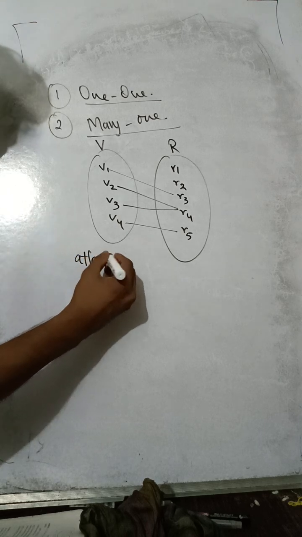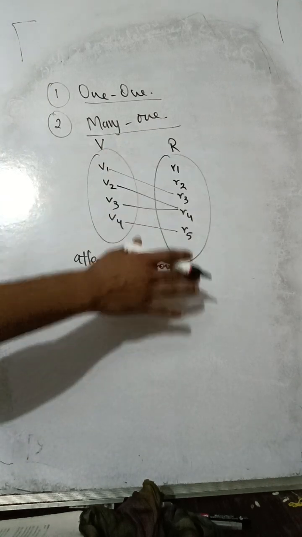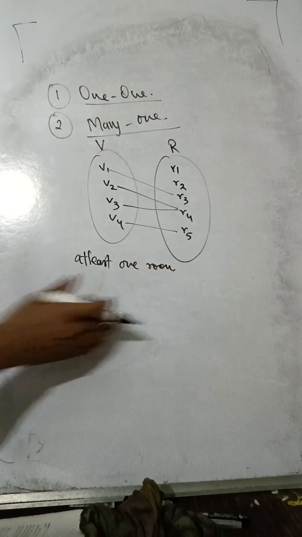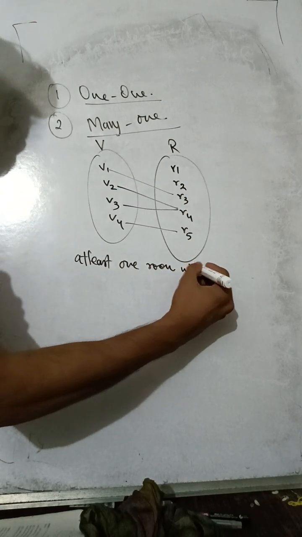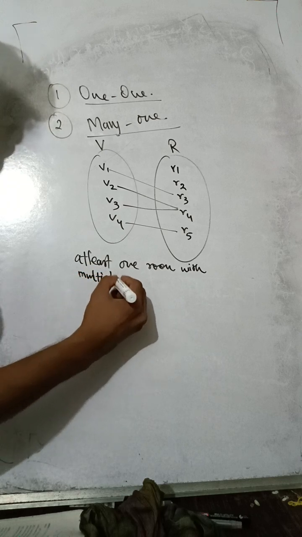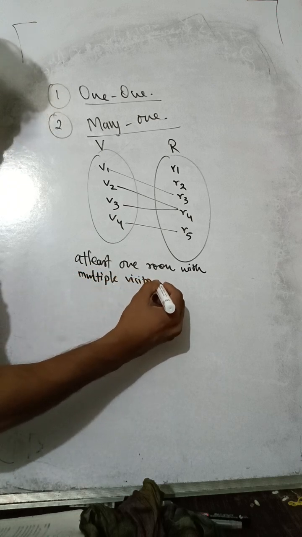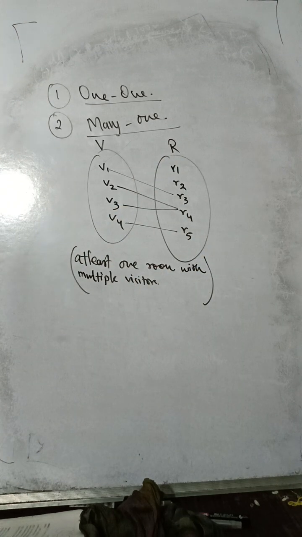We just need one room. We do not need every room to have multiple occupants. If you can have such a room where you have two or more visitors, not one or more, then that's a many-one function.